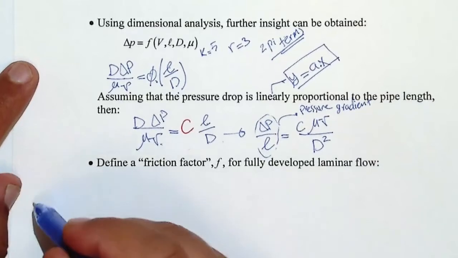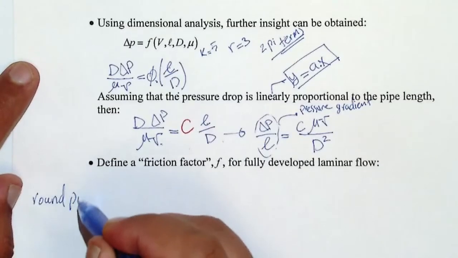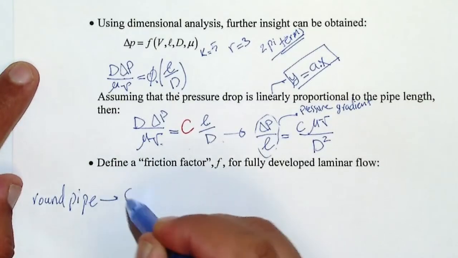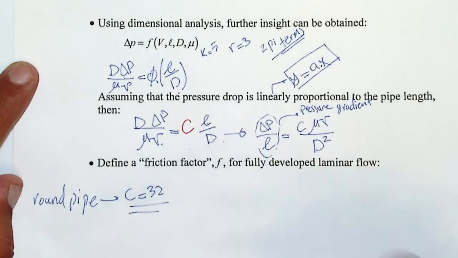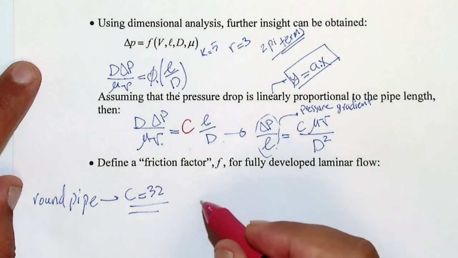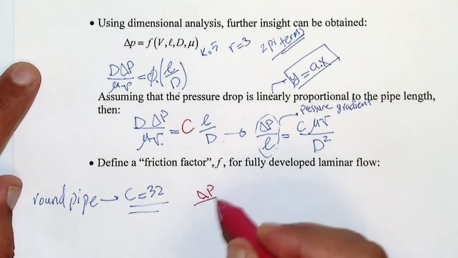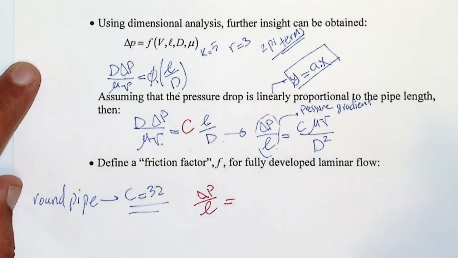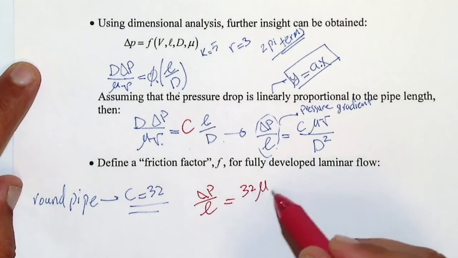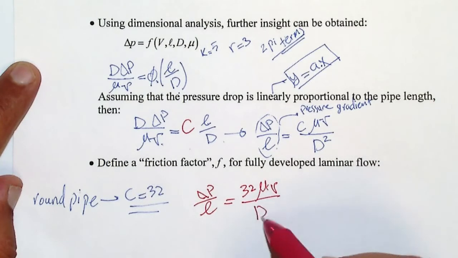For a round pipe, the C is 32. Okay, and if that's 32, then you will know that delta P over L is going to be 32 mu V over d squared.